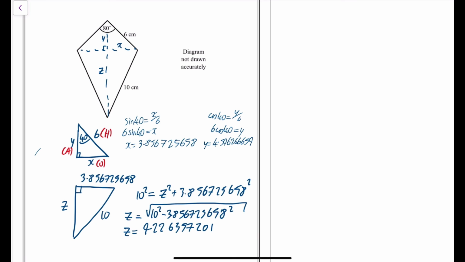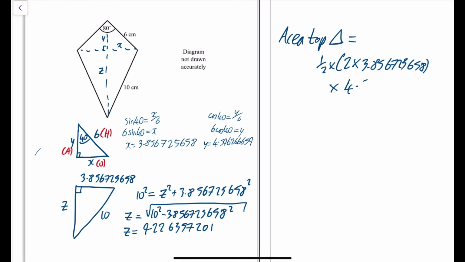Okay, right, we have got, I'm going to work off the side of the page here so we can see this. I'm going to say my area of the top triangle is equal to a half times my base. My base is 2 lots of x, so 2 times 3.856725658 times also my height, which was my y, which was 4.59626659.